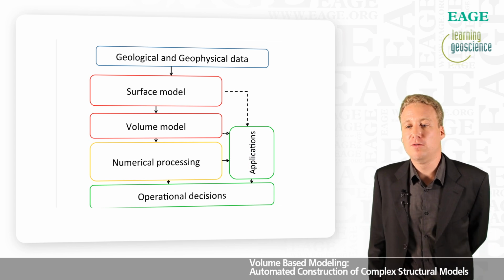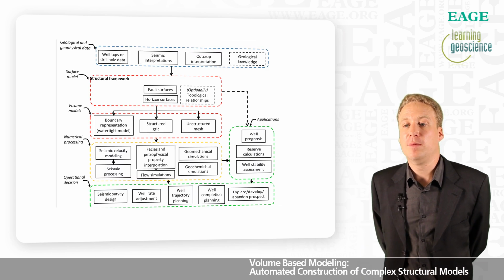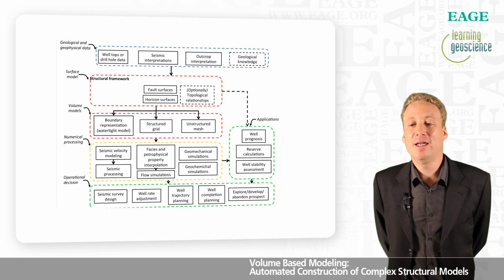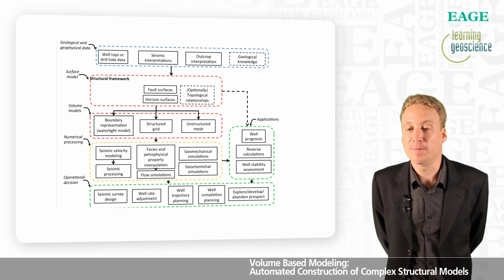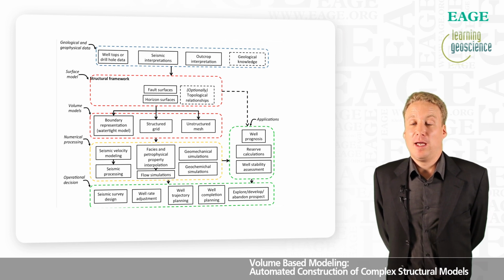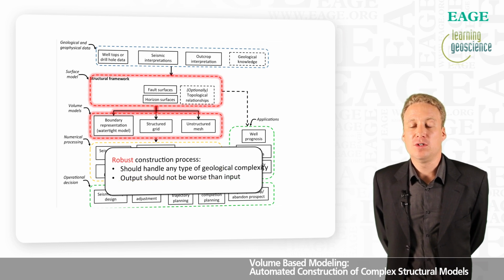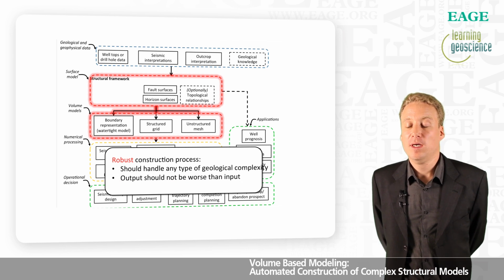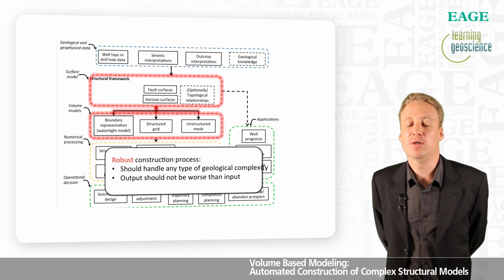So the full picture is a bit complex, but I will talk mainly about the construction of a structural model, a surface model, and I will touch upon the construction of volume models as well. And I will insist on one attribute of the construction technique. The construction technique should be robust, meaning that it should handle any type of geological complexity and that the output should not be worse than the input.